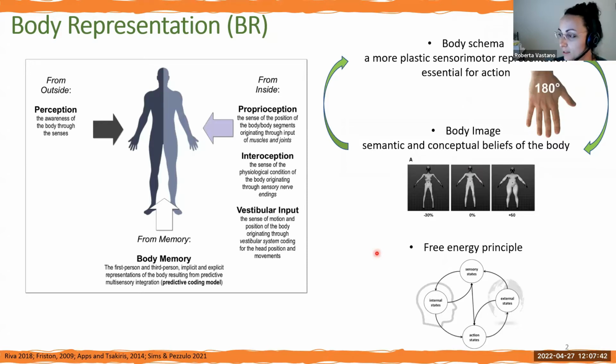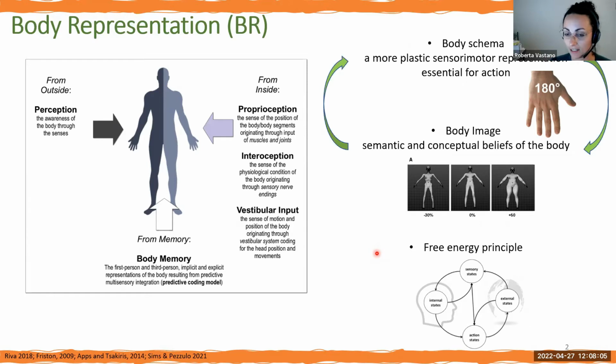The free energy principle is more like a mathematical concept. The way it has been explained is that we perceive our body, we can keep a sense of awareness and sense of self by predicting continuously some sensory inputs and reducing the prediction error.